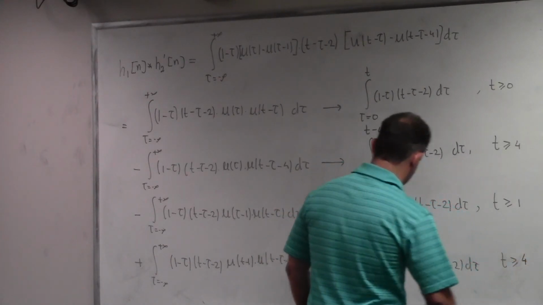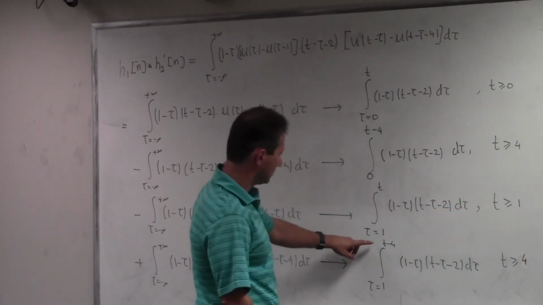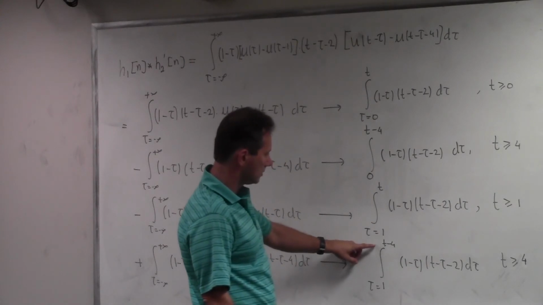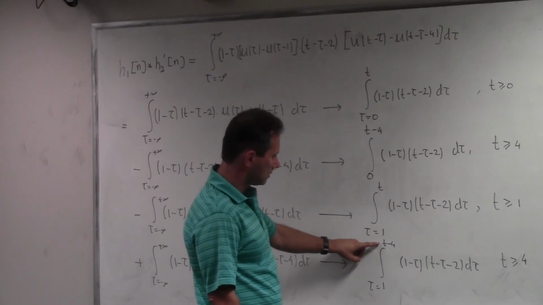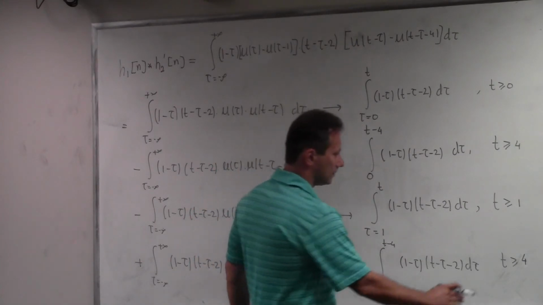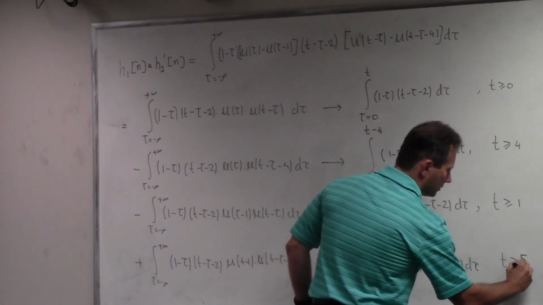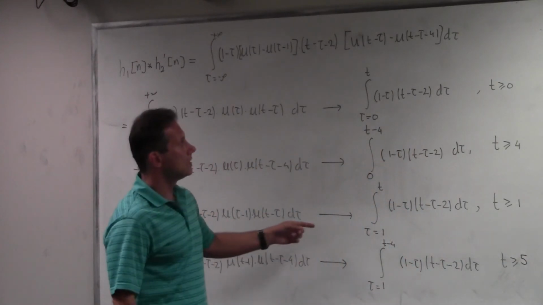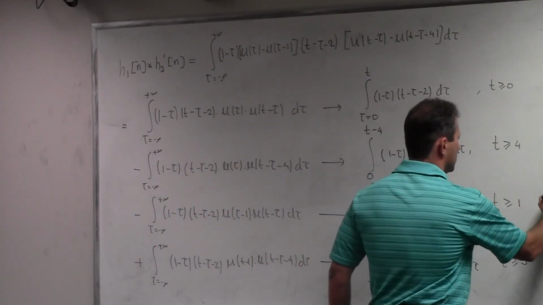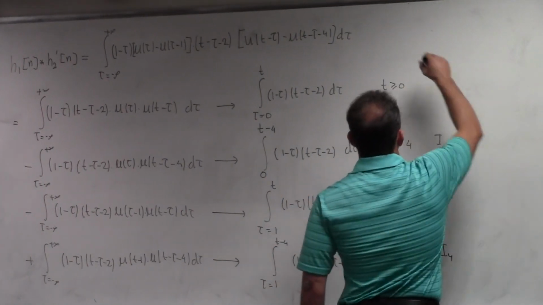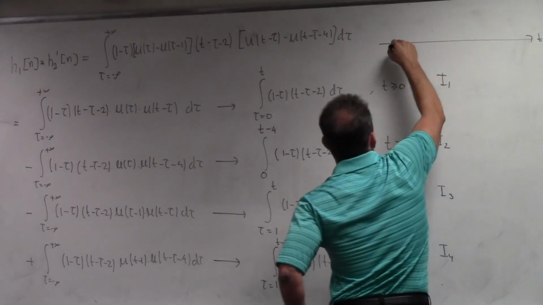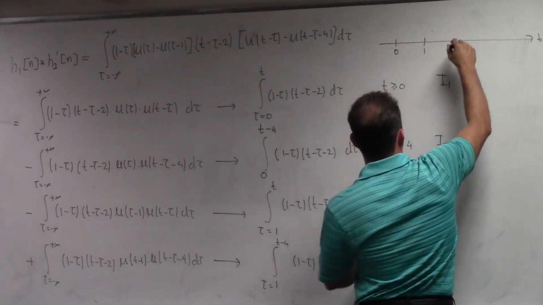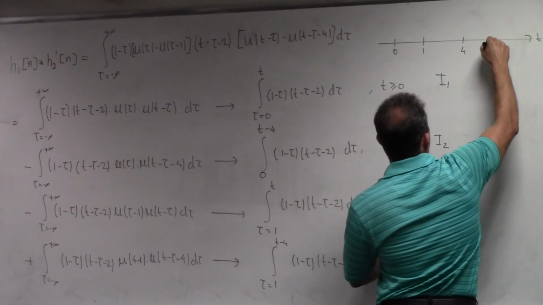Is it 5? Tau is from 1 to t minus 4, so t minus 4 should be greater or equal to 1, so t is greater or equal to 5. Excellent, you're right. Now this is I3, I4, and then you take your t-axis, and start 0, 1, 4, 5.